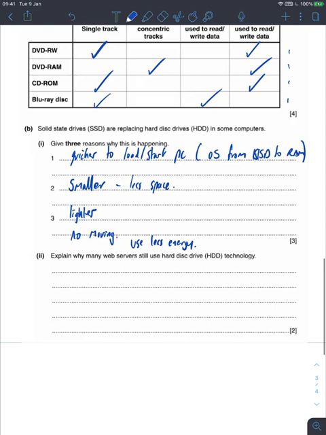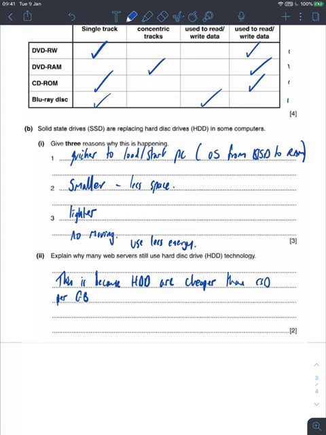And then the final question is explain why many web servers still use hard disk drive technology. Well, of course, this is because HDD, so magnetic drives, are cheaper. It's still cheaper than SSDs, certainly per gigabyte, or looking at terabytes.